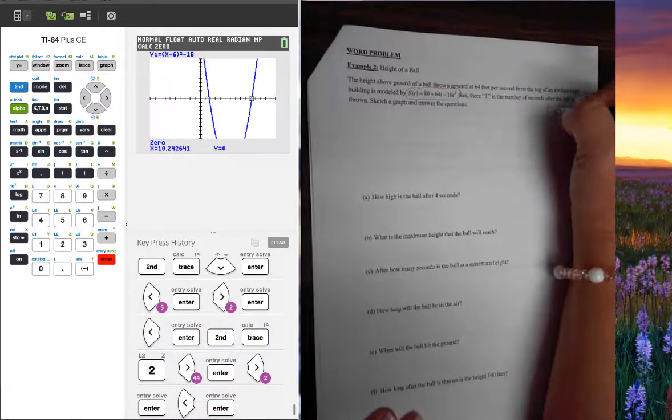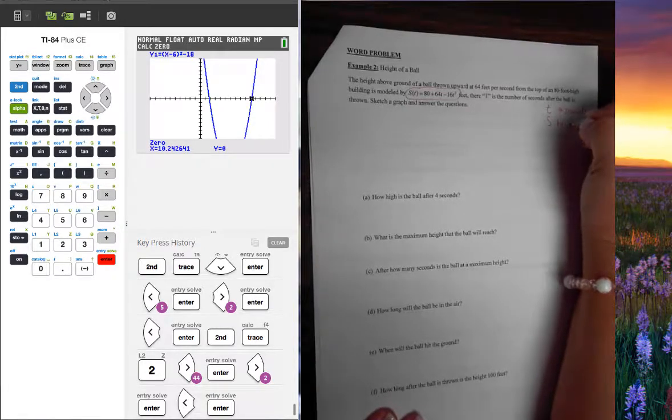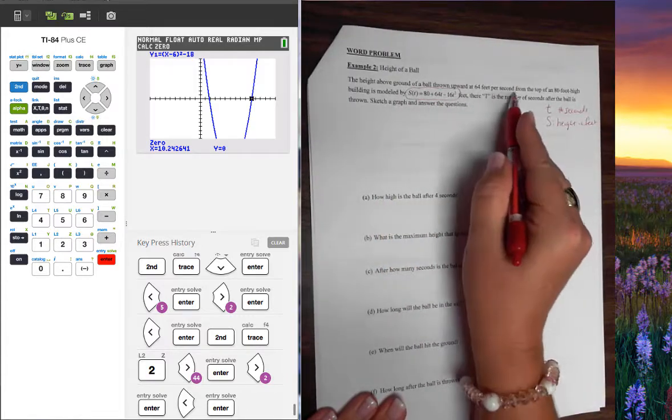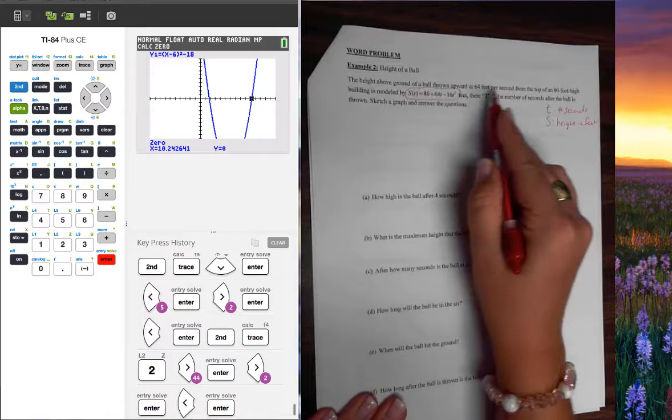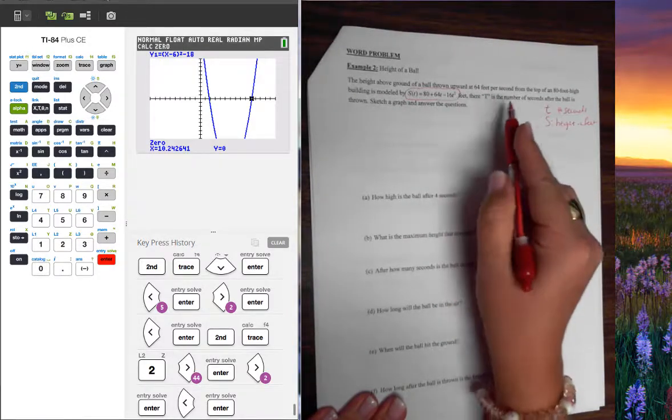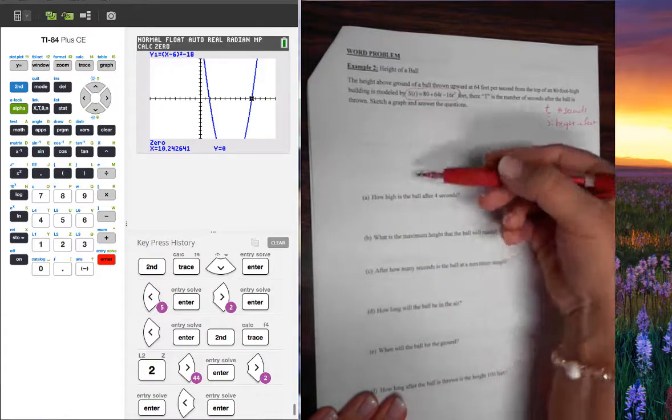So we have our T and we have our S. So T is the number of seconds, and this is the height in feet. Height 64 feet per second. They plugged in everything for us at initial height of 80. So they plugged all that in for us like on our other notes. And sketch a graph and then answer the question.